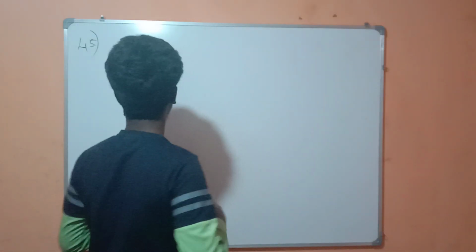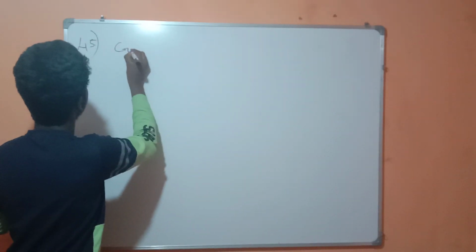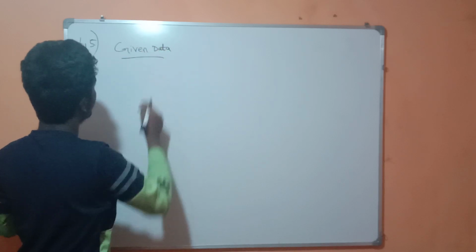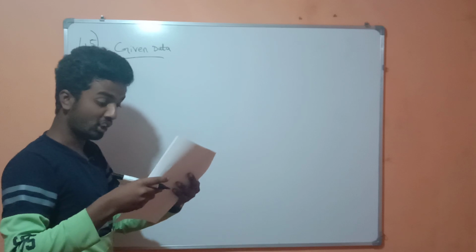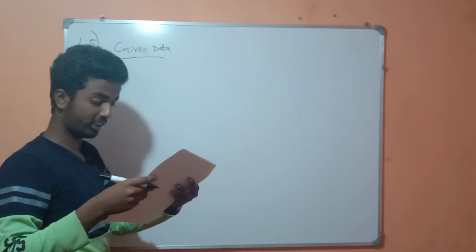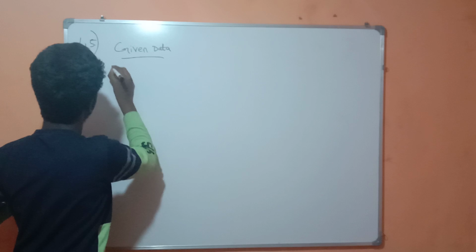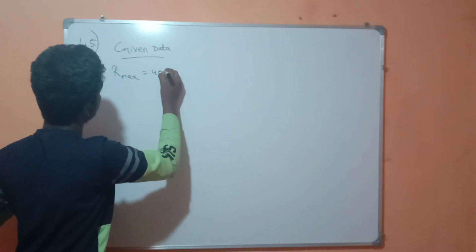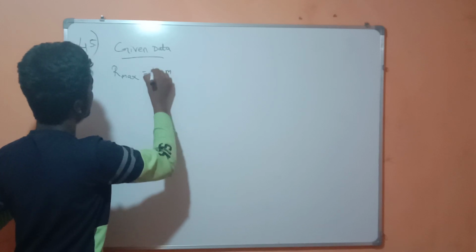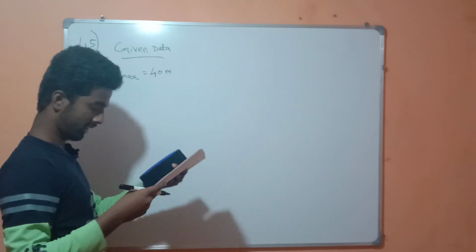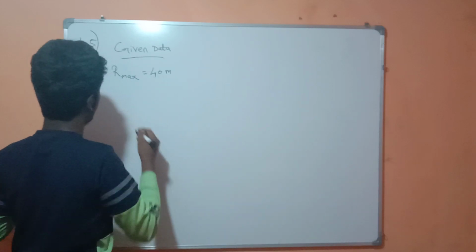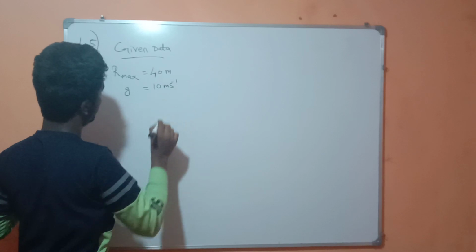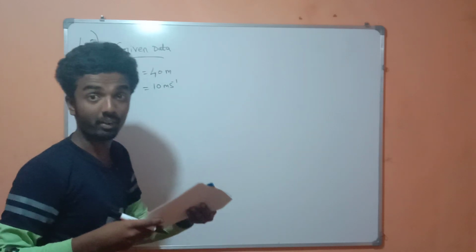Let me first write the given data. What they have given? The maximum horizontal range, that is 40 meters. And the G value they have given, children, G is equal to 10 meters per second squared. They have not given the angle of projection.